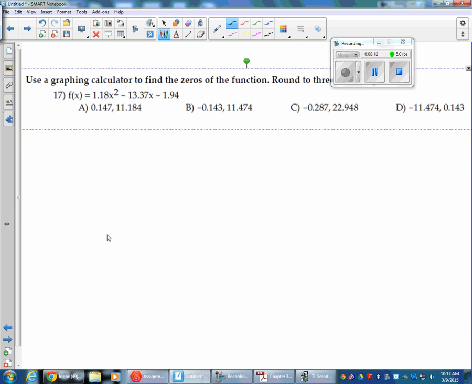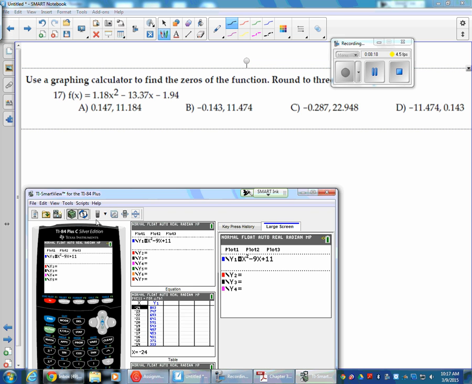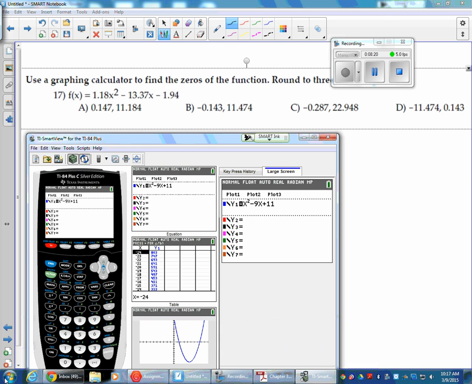Alright, number 17. Use a graphing calculator to find the zeros. So 1.18x squared minus 13.37x minus 1.94.